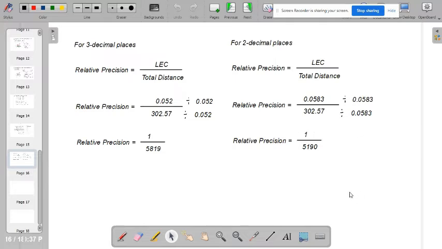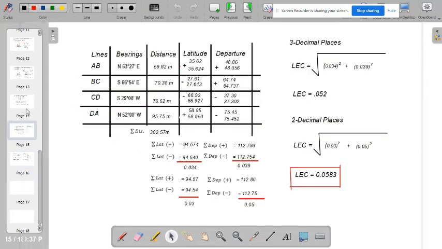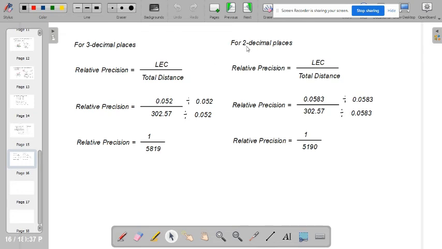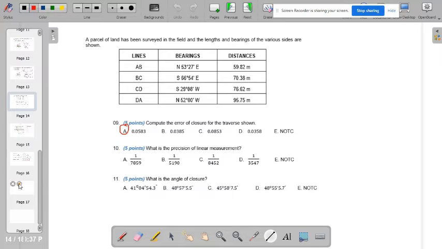Oh, tama na tayo dito. So, again, sa number 10, ang nag-prevail pa rin itong two decimal places. Okay, so let's box this. So this is our answer. Let's check. Letter B. No? So letter B siya. So this is our answer.